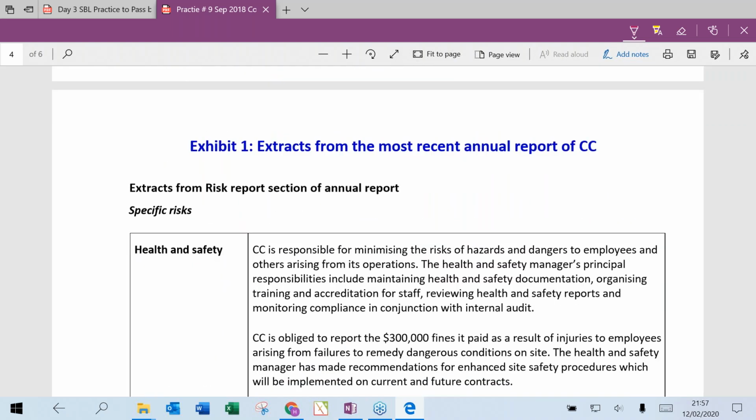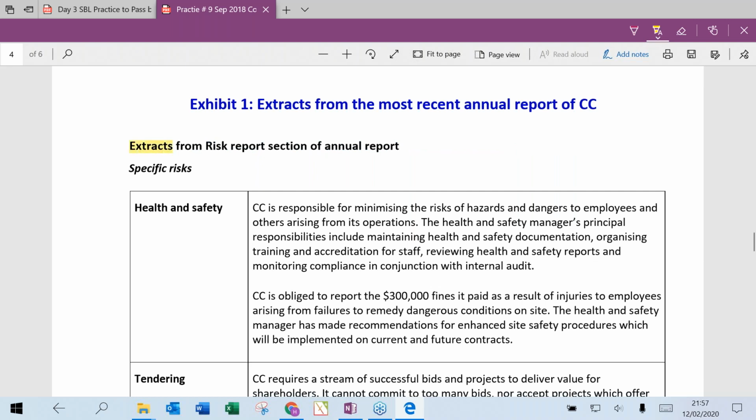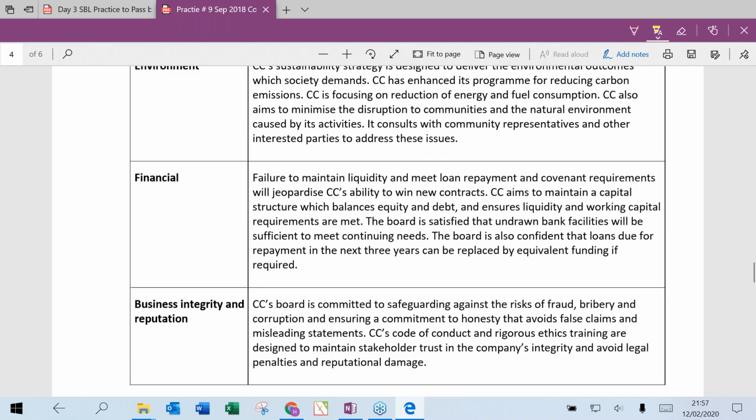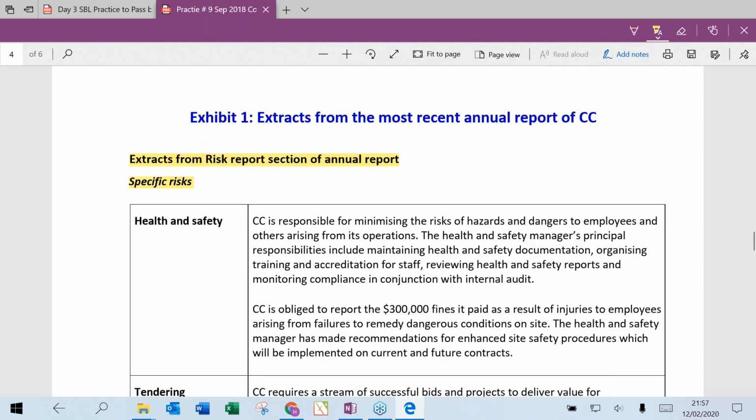Exhibit 1 extracts from the most recent annual report of CC. In this report, there are extracts from the risk report section of the annual report, specific risks. So these are the specific risks which the company faces, and all this is mentioned in the annual report. What are the risks which the company faces? Health and safety risks.